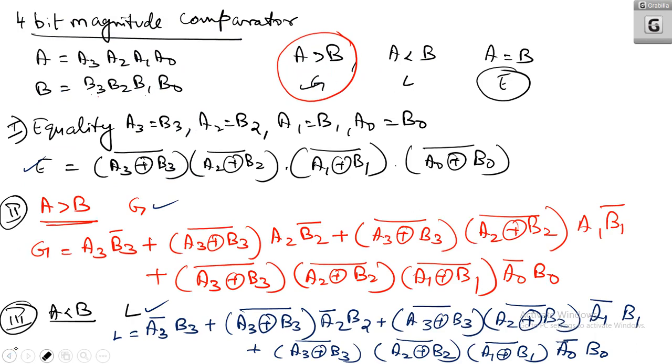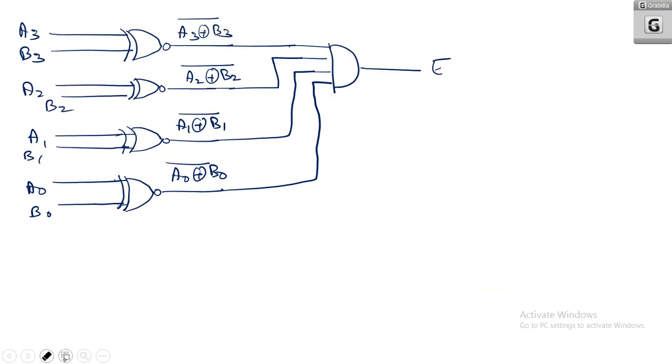First one is what? First one is A3 B3 bar. So A3 is here, and you will get a B3 bar. So A3 B3 bar, and you can get it from here. Then A2 B2 bar you can get from here.